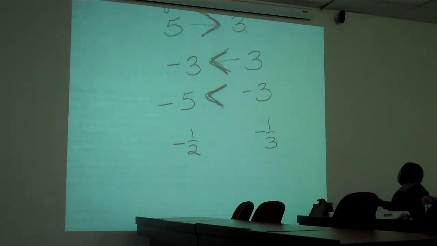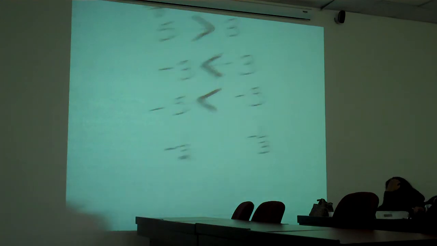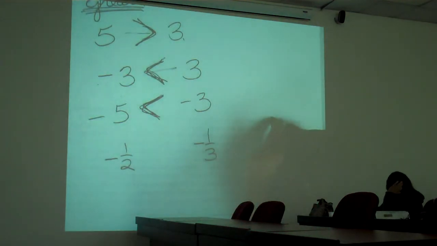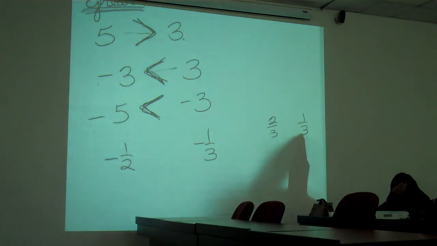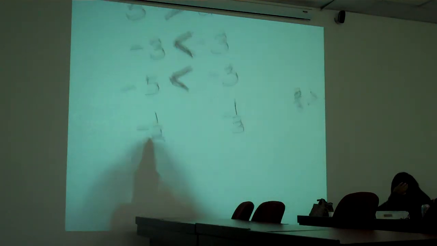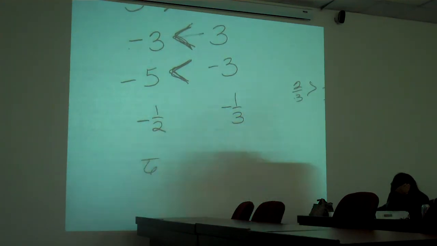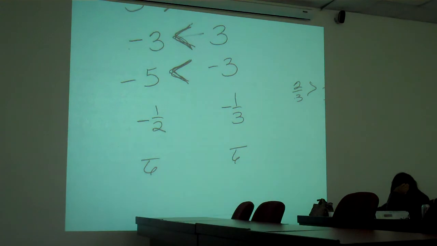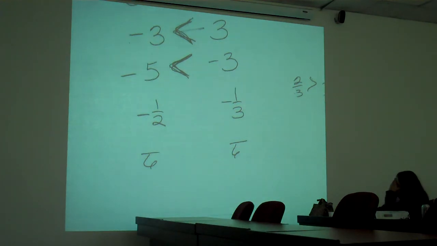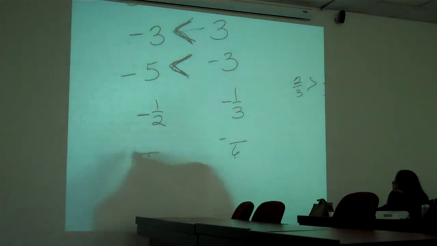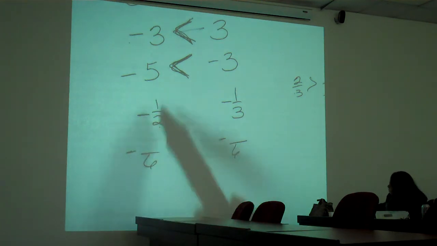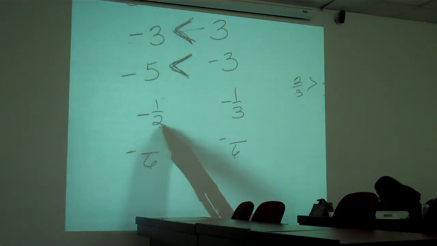You could tell by looking at 2/3 and 1/3, right? You know that 2/3 is bigger than 1/3. Okay, so these have a different denominator. We need to turn them into fractions that have the same denominator. They're still going to be negatives. Okay, how can we turn this into a number over 6?